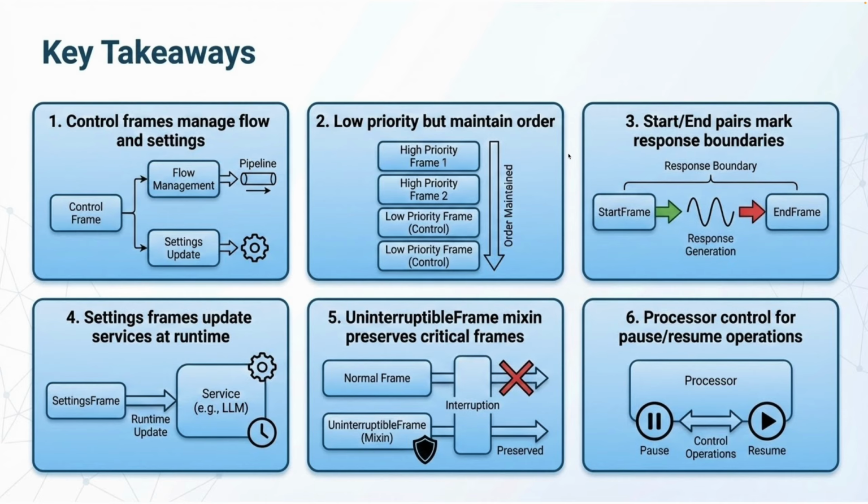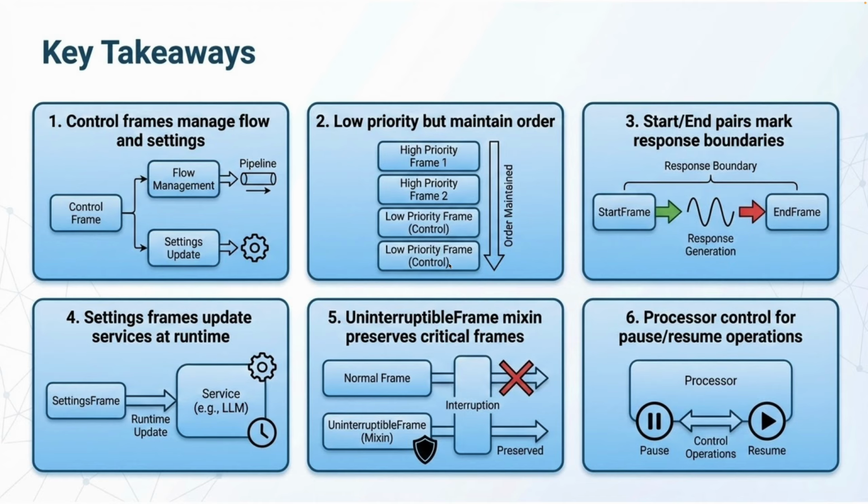And as I said, start and end pairs mark response boundaries, like we have the start frame and response generation. Then we also update the settings. Certain frames are uninterruptible, so we have to keep that in mind. And then processor control for pause and resume, updating settings, pausing and resuming, and start and end boundaries.